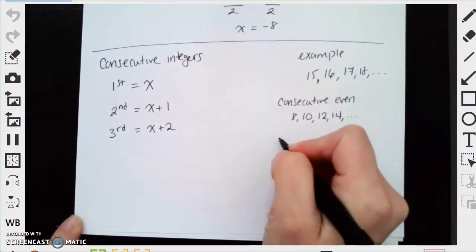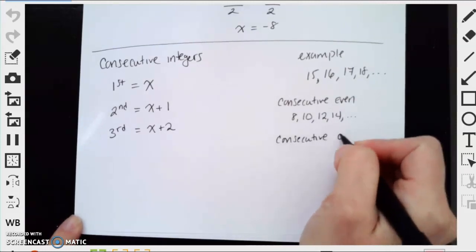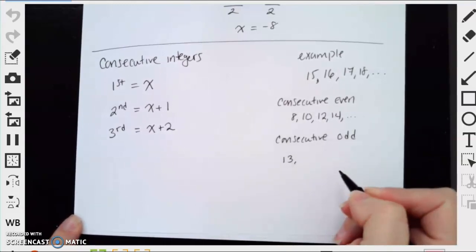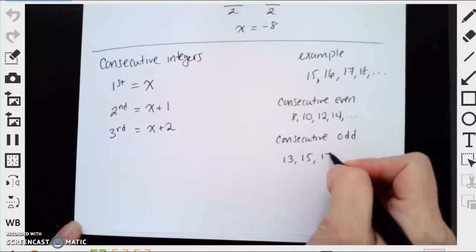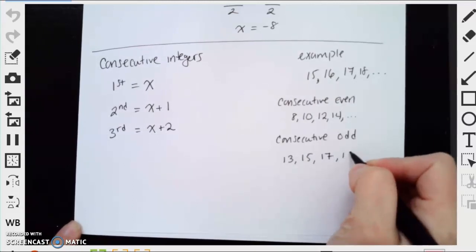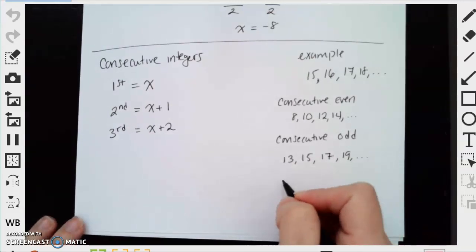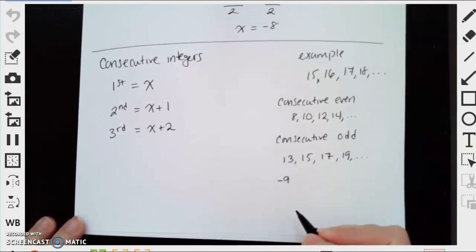If I had consecutive odd integers, let's say I start with an odd number like 13, the next odd integer would be 15, 17, 19, and so forth. The same thing happens if I have negative odd numbers. Let's say I have negative 9 as an odd number.